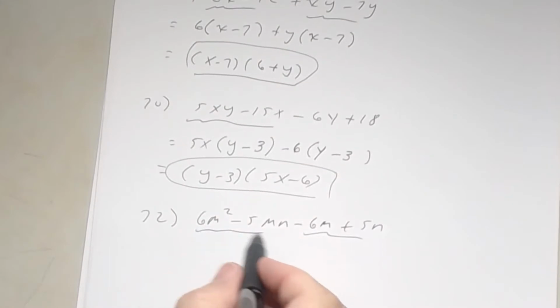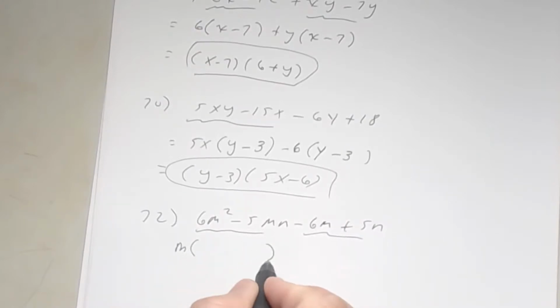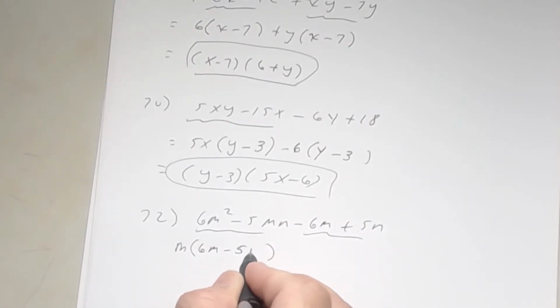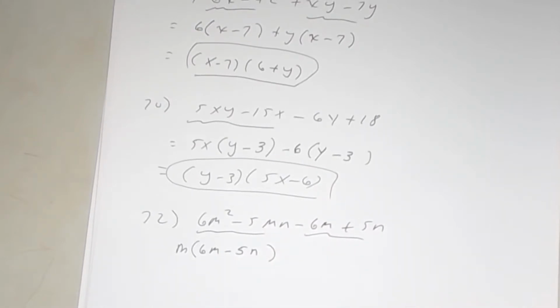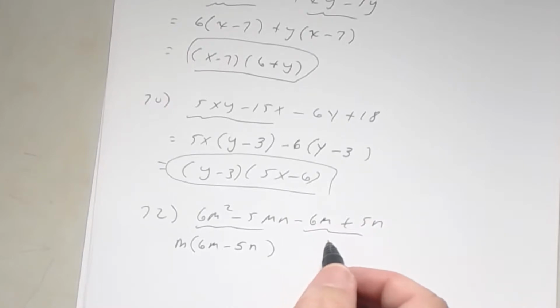From the first group, what can I factor out? Just an m. M times what will give me the first group? 6m minus 5n, because you've already got an m.